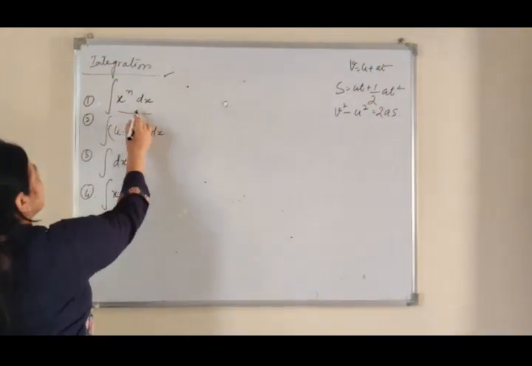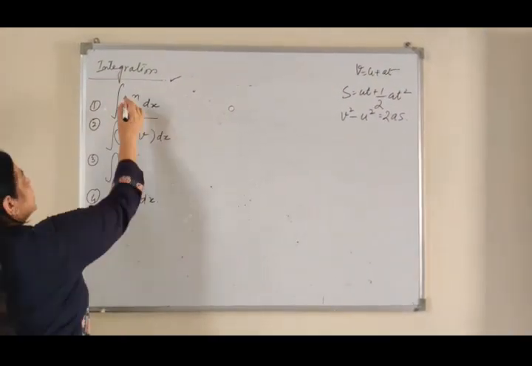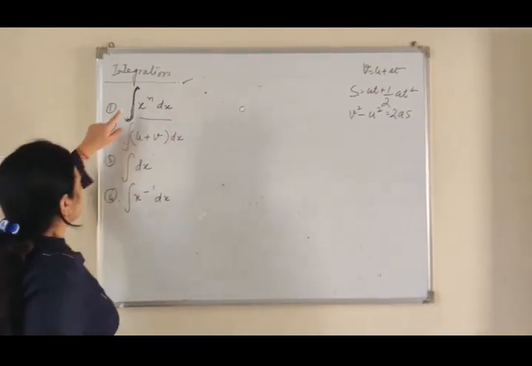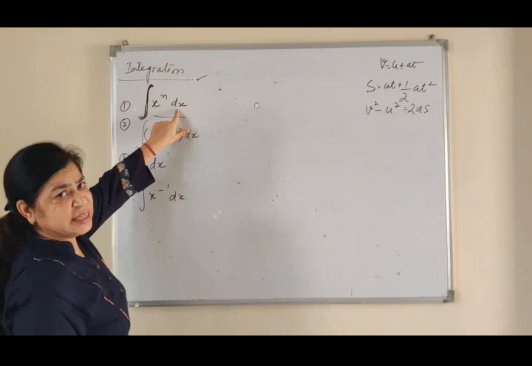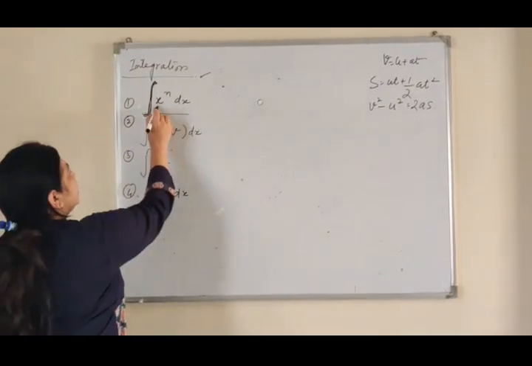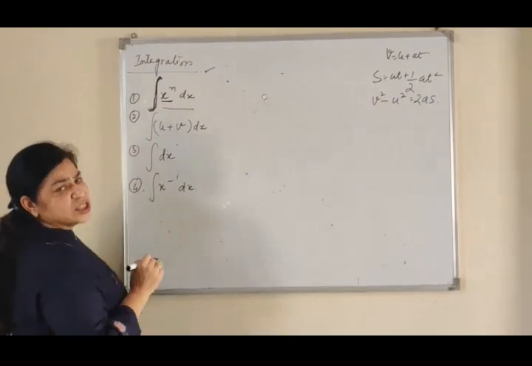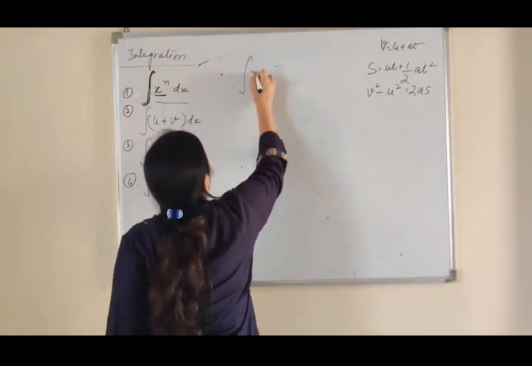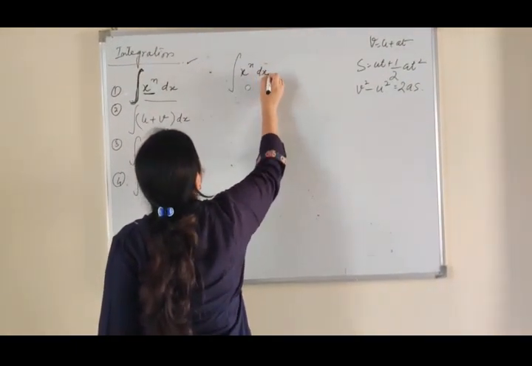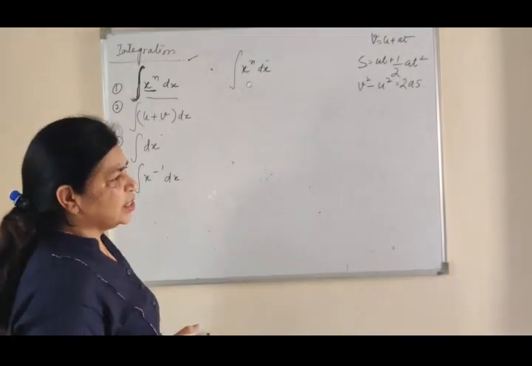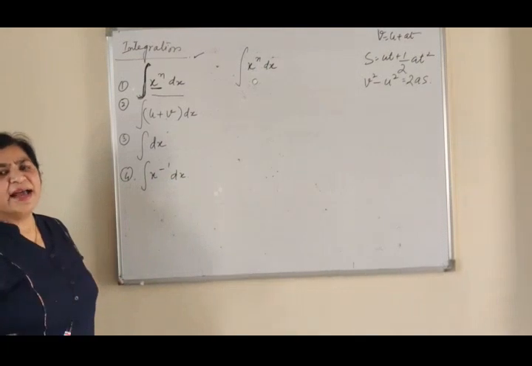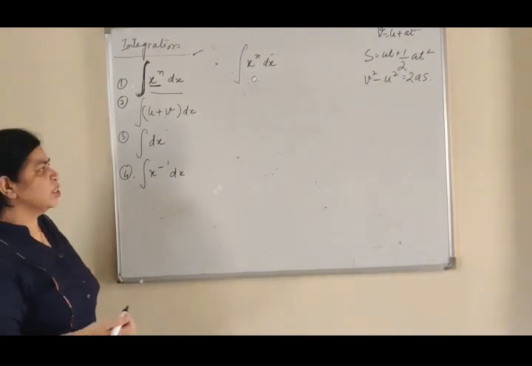So first is integral of x power n dx. This is the symbol, you can see this is the symbol for integration. If you are having this symbol along with dx, it means you are to integrate this term with respect to x. Now for the first formula, if we are having x power n dx, then for integration we will be moving in the inverse order as we were doing in the case of differentiation.